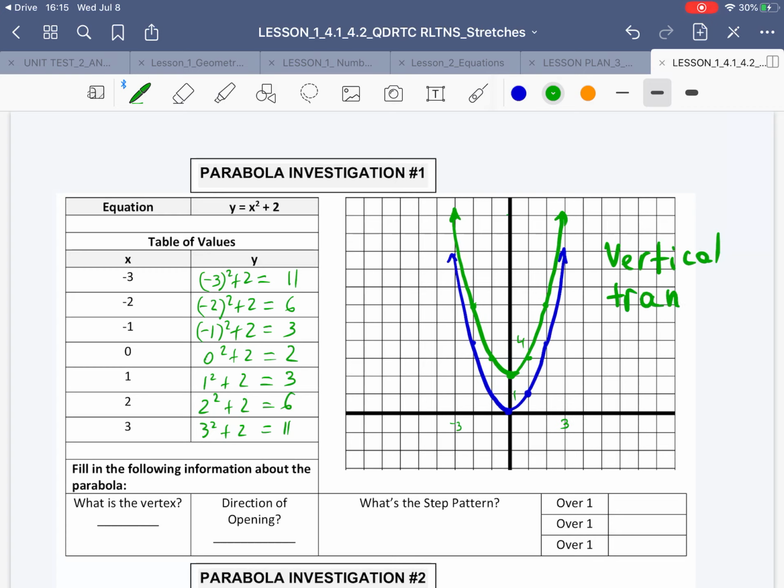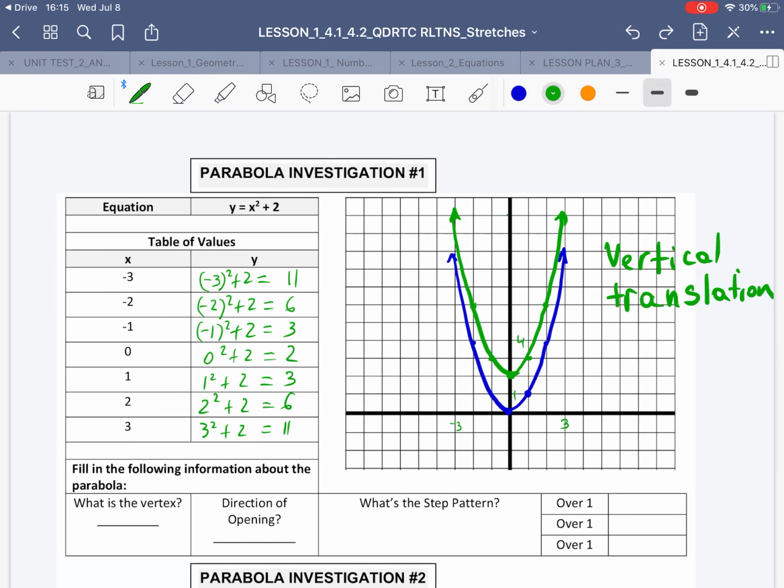And how many units has the parabola moved? I see that the vertex, which is actually the best point to refer to, has moved 2 units higher. And we attribute the move of 2 units higher to the constant added right here.